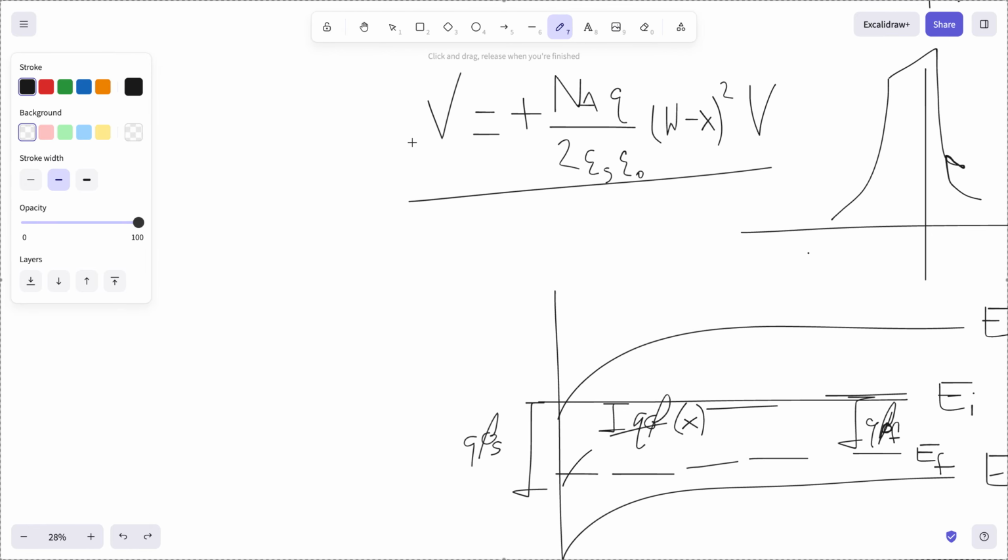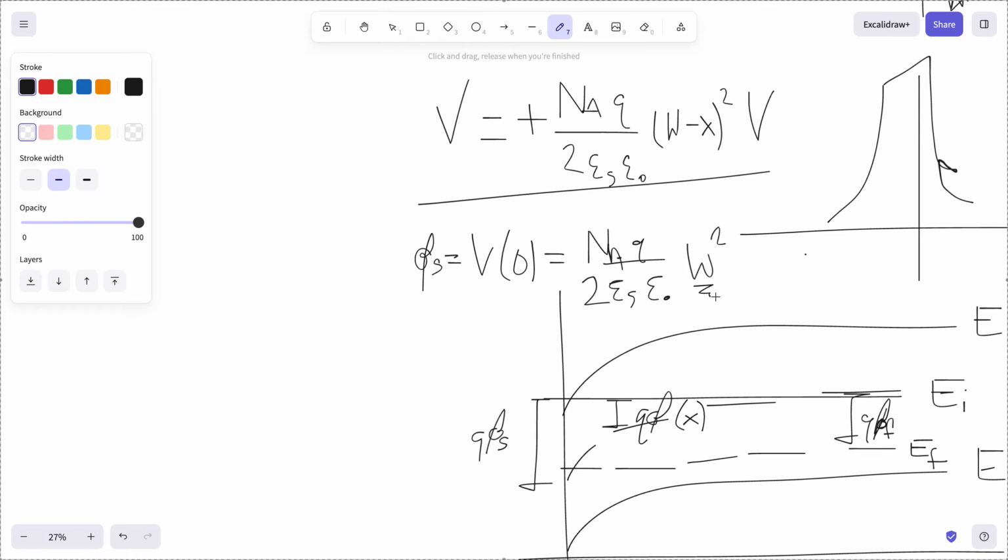So in this case, we can say that phi sub s, which is the voltage at 0, is then equal to, well, plugging in x equals 0, N sub a q over 2 epsilon, dielectric constant times epsilon naught, permittivity of free space, times W squared. And so then you can rearrange this to then get depletion width. And this is how you standardly calculate for depletion width.